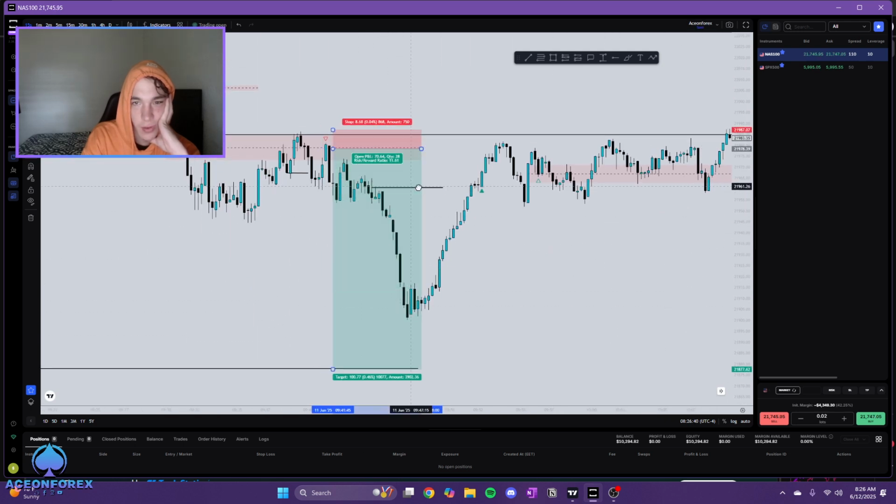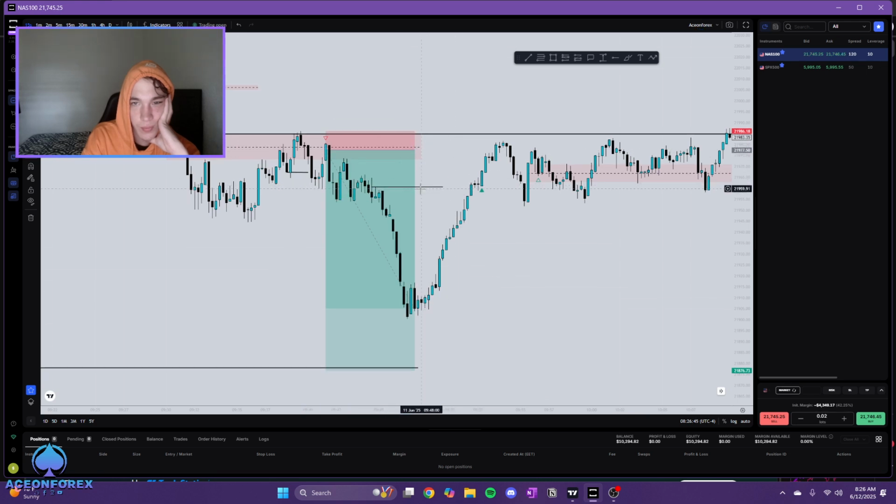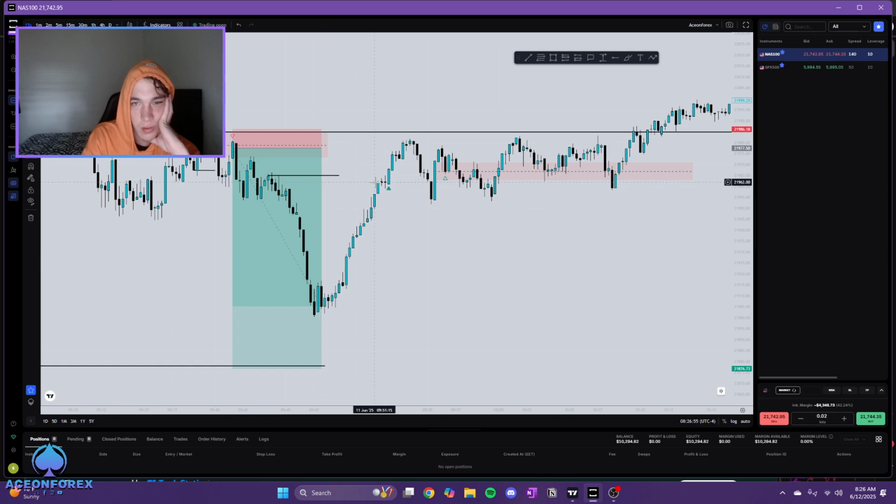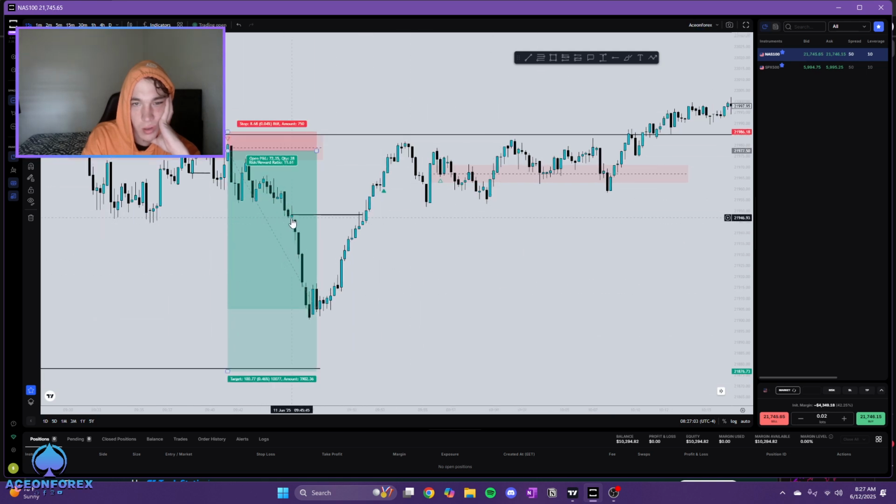Close down. So this is our swing point. Either this or this is where you want to look for a shift in the state. Or even this one. This is a better one actually.